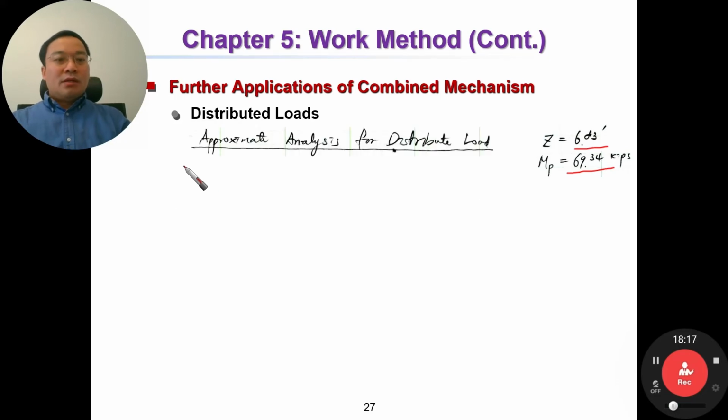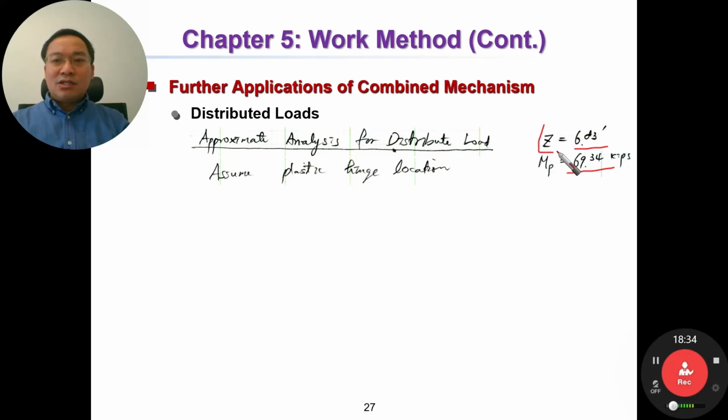Okay, so now we try with approximate analysis for distributed load. What is approximate? We can assume the plastic hinge location.